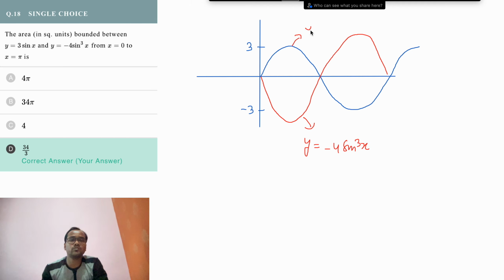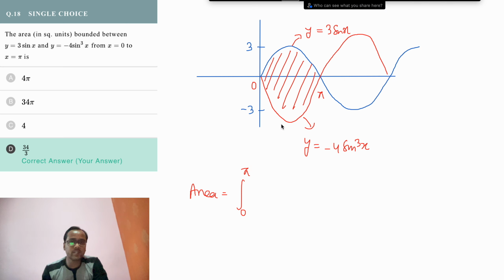And this is y equals 3 sine x. So we want this area basically. This is pi and this is 0. So the area will be equal to the integral from 0 to pi of f(x) minus g(x), so 3 sine x minus 4 sine cube x dx.